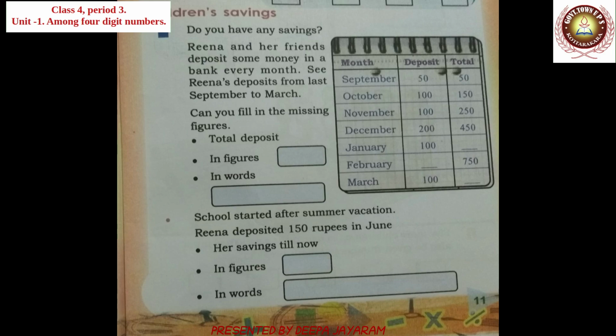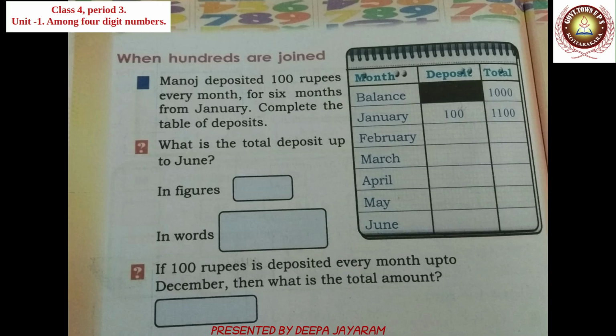Then we can go to the third activity, when hundreds are joined. Here, Manoj deposited 100 rupees in each month.